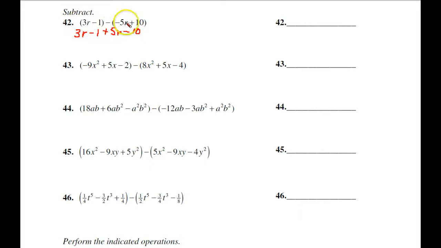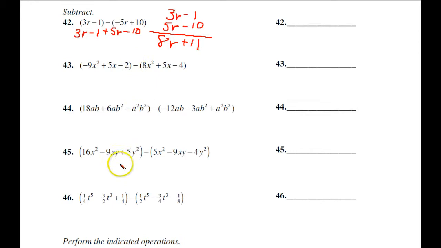And again, I'd use that same technique of lining them up. So this would be 3r minus 1 over, let's see, under 5r minus 10, like term columns. So this gives you an 8r plus 11.